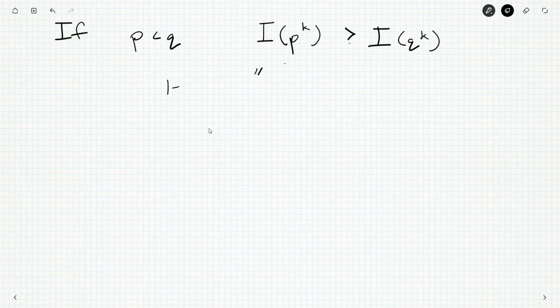So this guy here is 1 plus 1 over p plus... This is a much better formula. I should have been using this all along. It's not closed form, certainly, but each of these, because p is smaller than q, is bigger than its corresponding q counterpart. So it's definitely greater there.